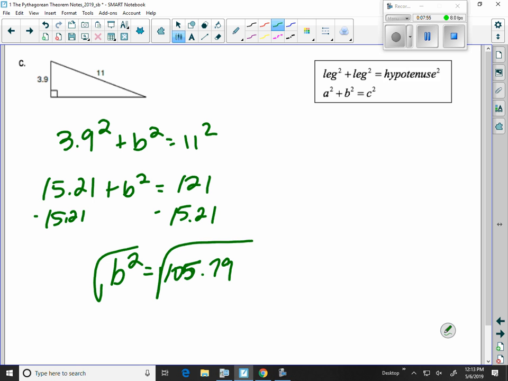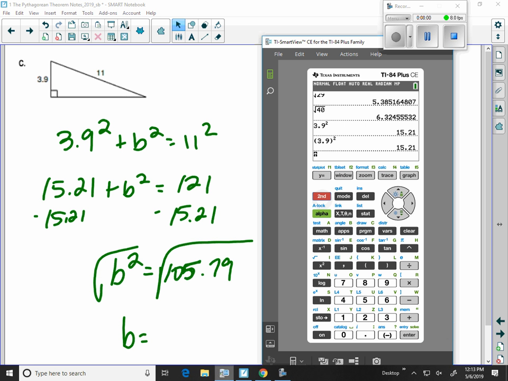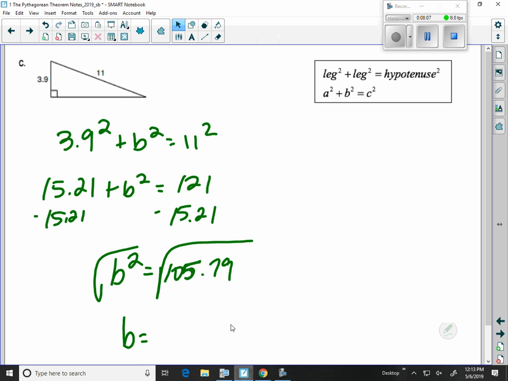Square root both sides. We'll say 10.3. Remember, you need to round up if it's 5 or greater. Okay, questions so far? No?